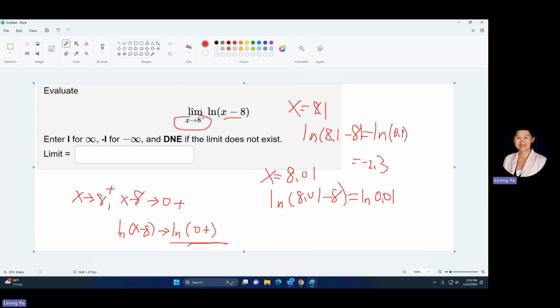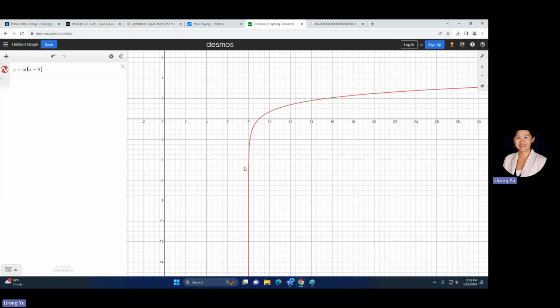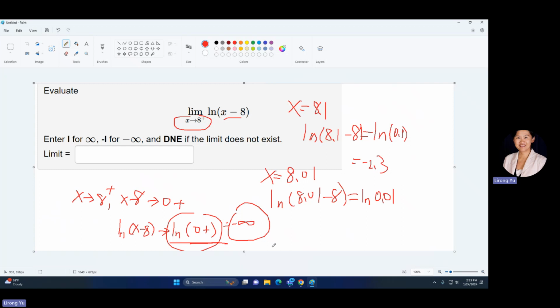That part is a little hard to explain. This value actually has a limit of negative infinity. The good explanation for ln of 0 might be the graph itself. Ln of 0 is undefined, but ln of any small positive number is a valid number, and they're all negative.